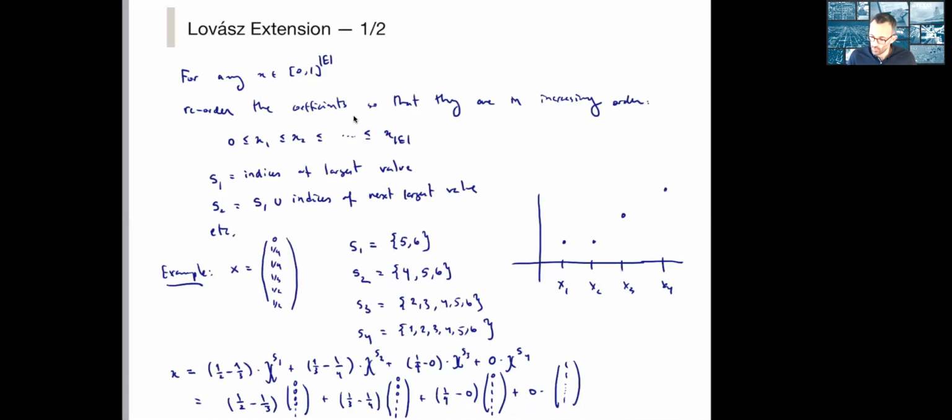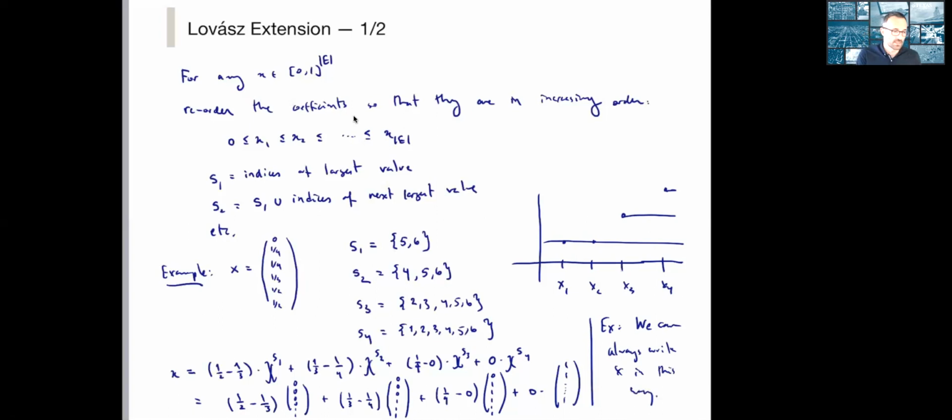So all we're saying is, we're basically decomposing in this way. Okay, so certainly we can always do this, and I'll just leave as an exercise that we can always write x in this way.